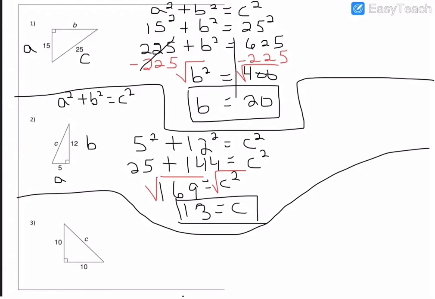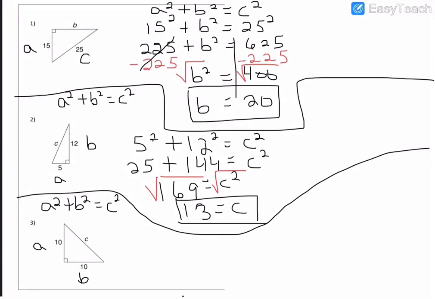All right, last one on this page. A squared plus B squared equals C squared. Both of my legs are 10, so that should make it easy. And I'm finding C again. So remember, always the first step: label your triangle, so you know which number is going to each variable in the formula.